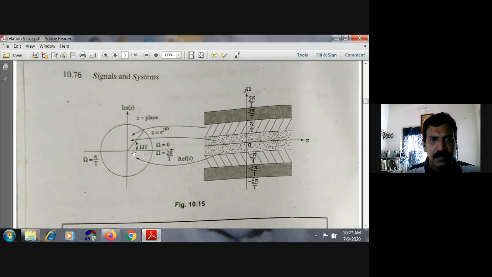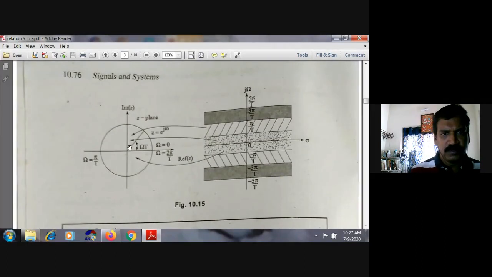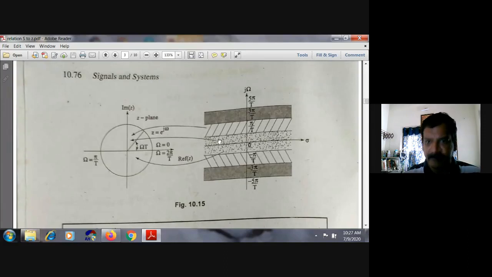If we are mapping from the Z domain to the S domain, the poles and zeros inside the unit circle are mapped to the region between pi by t and minus pi by t. Suppose a pole or zero is placed anywhere from pi by t to minus pi by t, it will be placed inside the unit circle.